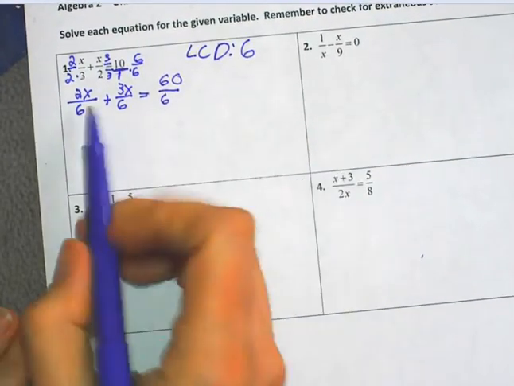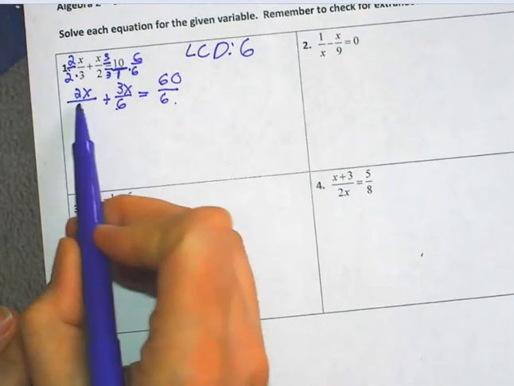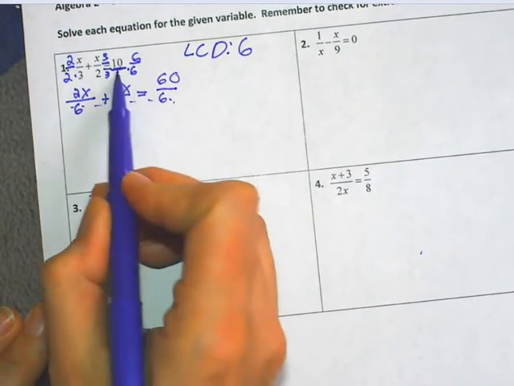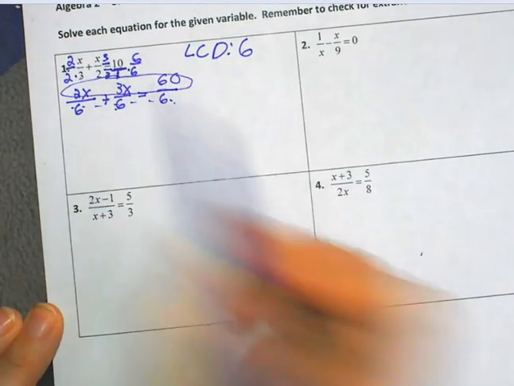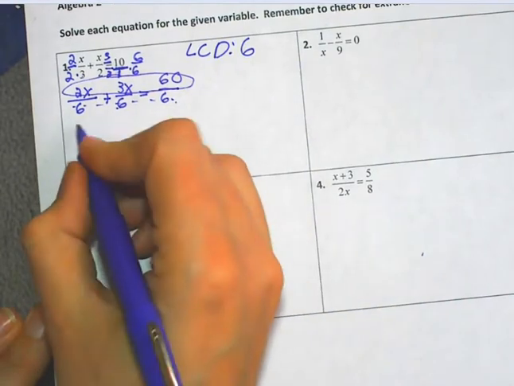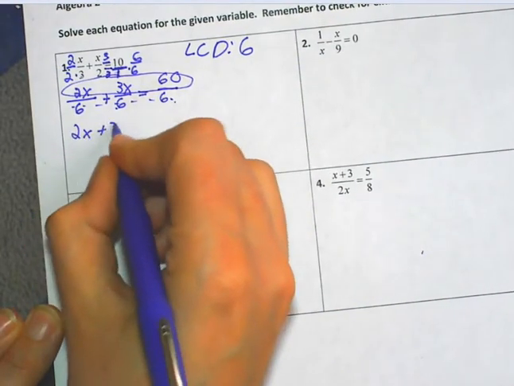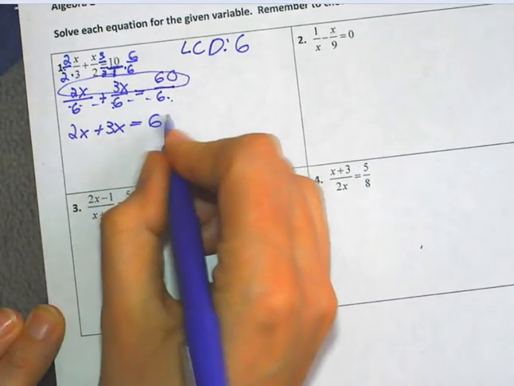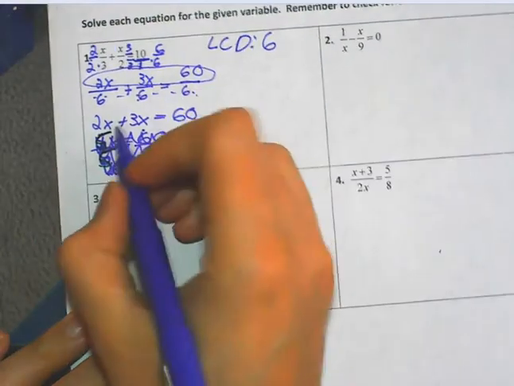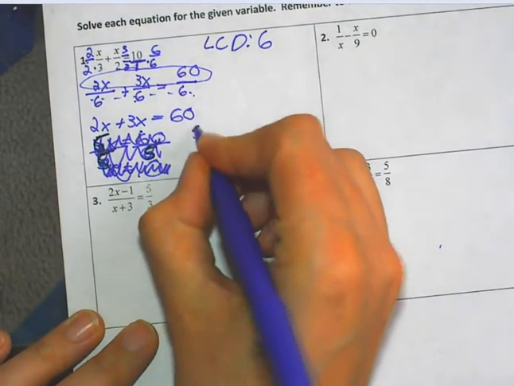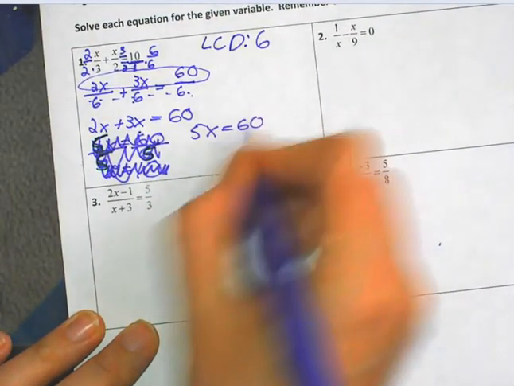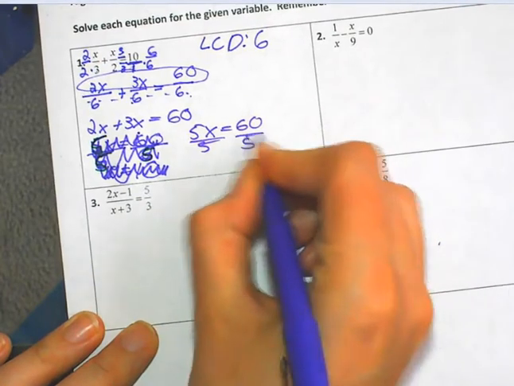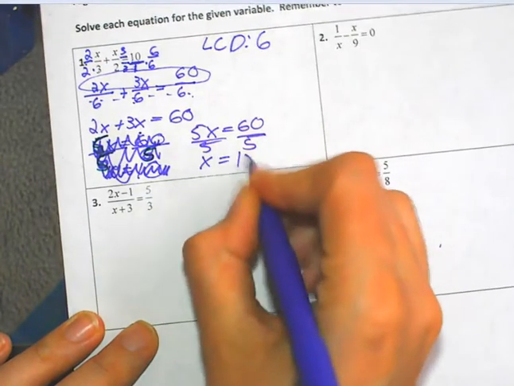Okay, once I have all the denominators the same, I'm going to use just the numerators to solve for my variable. So I have 2x plus 3x equals 60. 2x plus 3x equals 5x equals 60, divided by 5, x equals 12.